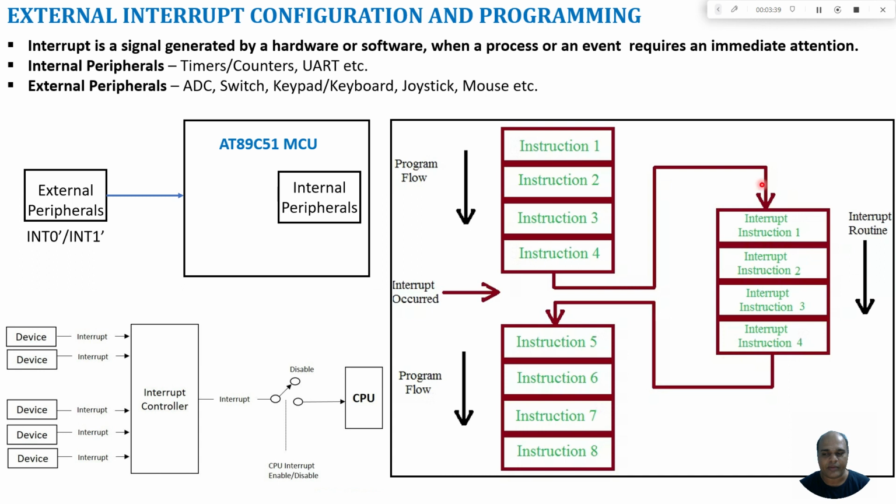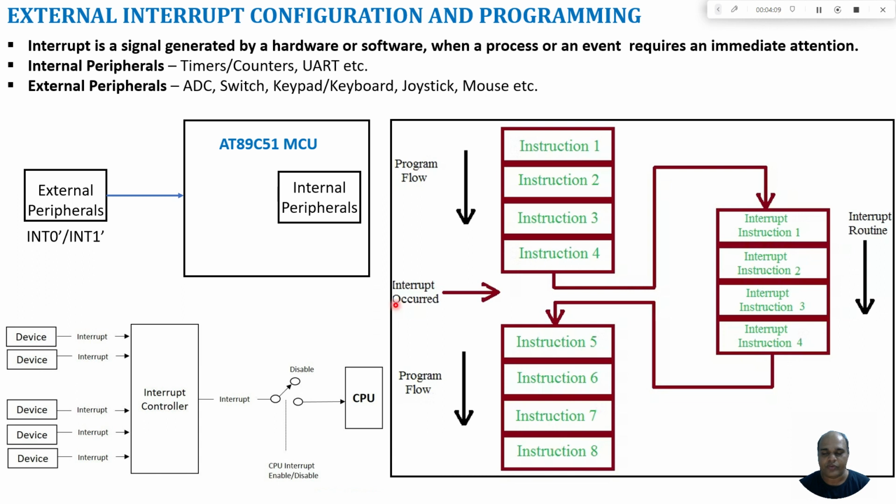Then the CPU starts executing the ISR. Upon completing the ISR, the CPU comes back to the main program. In order to have a seamless execution of instructions, the context which was saved earlier in the stack memory is brought back. Thereby the normal main program continues its operation. That is how the interrupt is being serviced by the CPU.